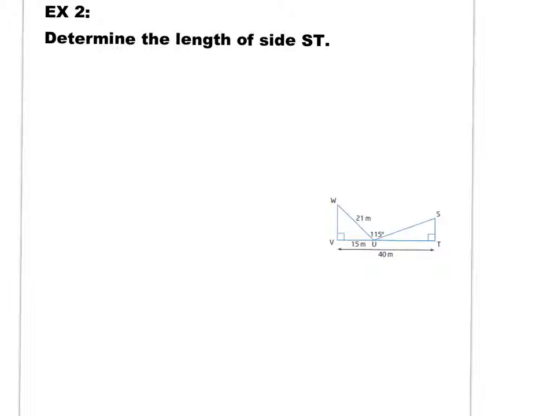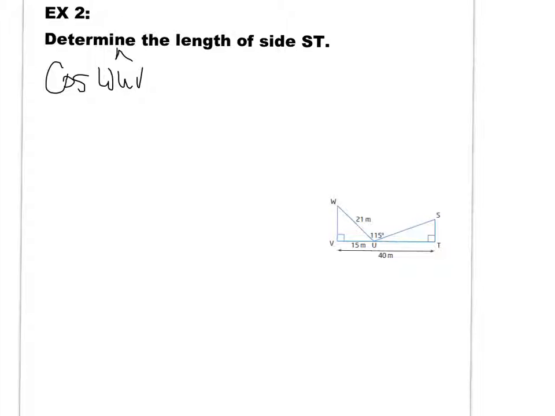So I can write that cos of angle WUV is equal to adjacent, which is 15, over hypotenuse, which is 21. If you solve this one for angle WUV using the inverse cos on your calculator, you get that this angle is 44.4 degrees.